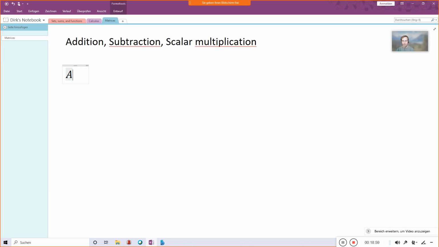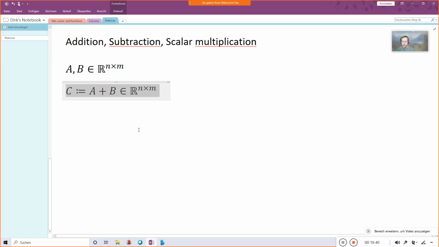So if we have two matrices that are both n times m dimensional, then we can form a matrix C, so my copying skills still need to adapt to this. A matrix C as the sum of these two matrices, and this sum then also is n times m dimensional and results simply from the element-wise addition of A and B.